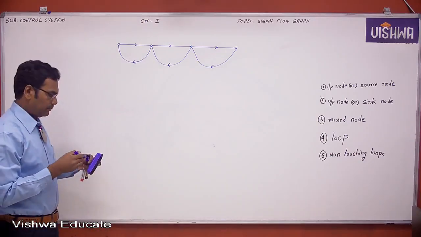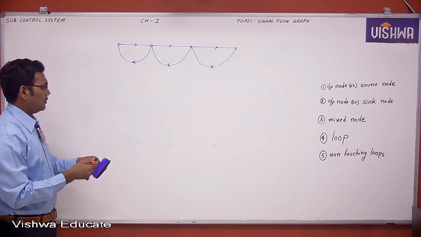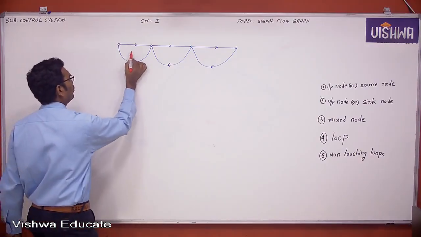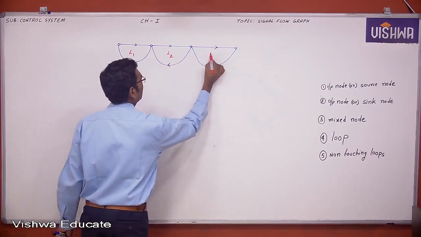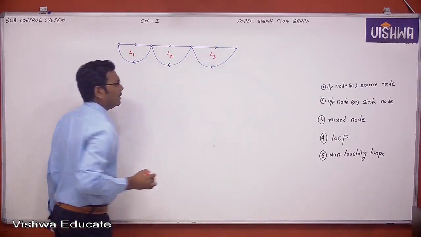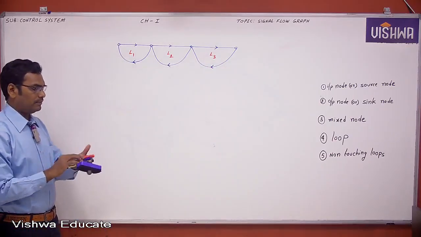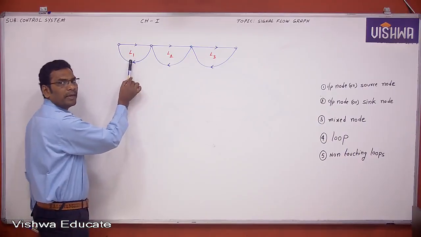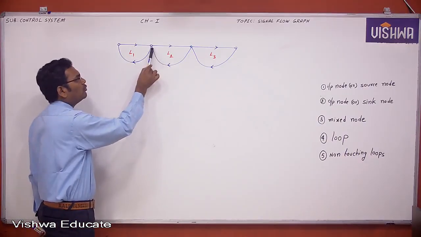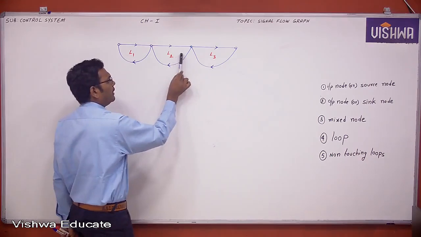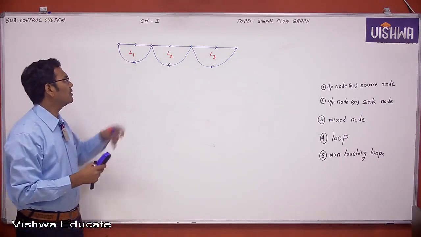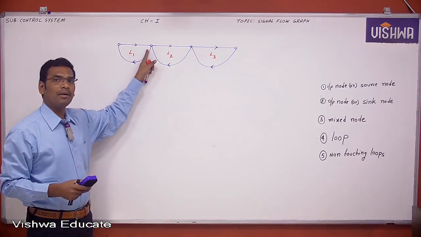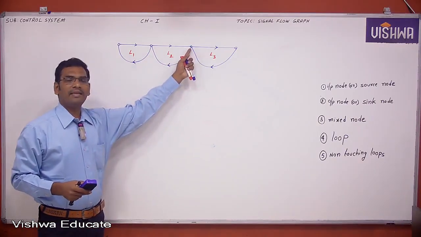Now see here, this is one loop, loop L1, this is the second loop L2, this is the third loop L3. This loop L1 and loop L2 are touching here, L2 and L3 are touching here. These are touching loops because these two loops have a common node.